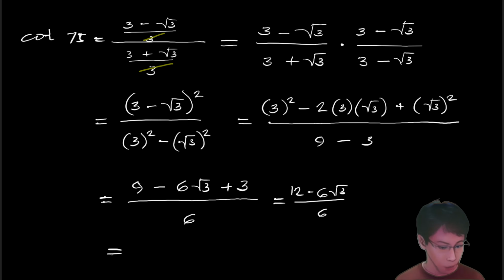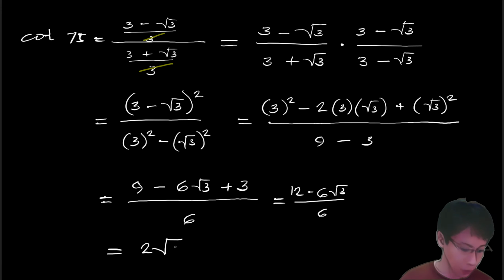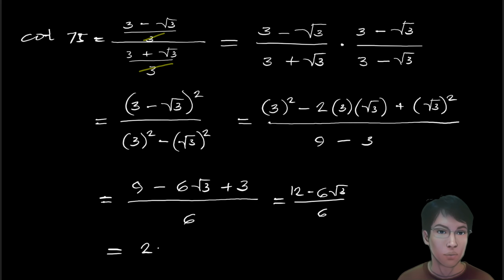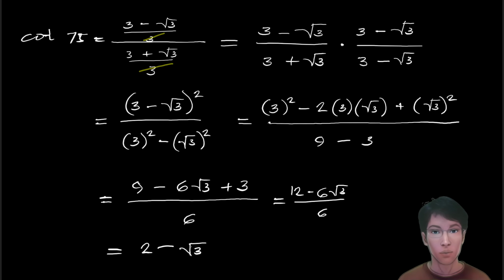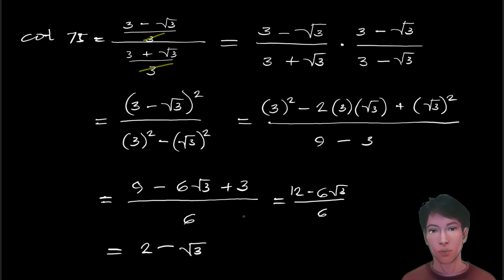And finally, we get 2 minus square root of 3. Okay, so I take the common factor, so I divided this expression by 6, so I now have 2 and then square root of 3.